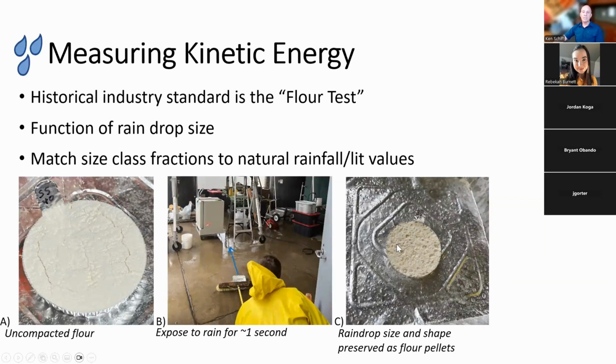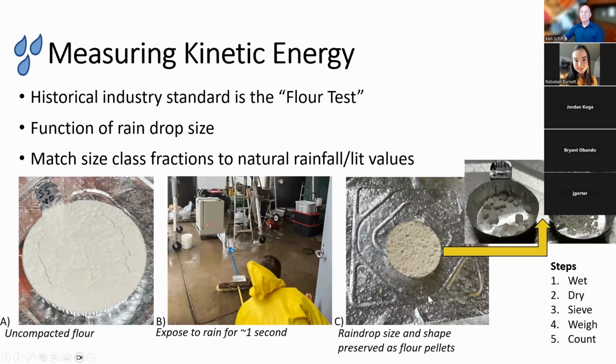And then you can see the raindrops are essentially captured as little drops of flour. It retains the shape and size, so it really works pretty well. So then what you can do is sieve that and then be able to weigh or count the actual raindrops. And that's what you see in these little tin measuring cups.